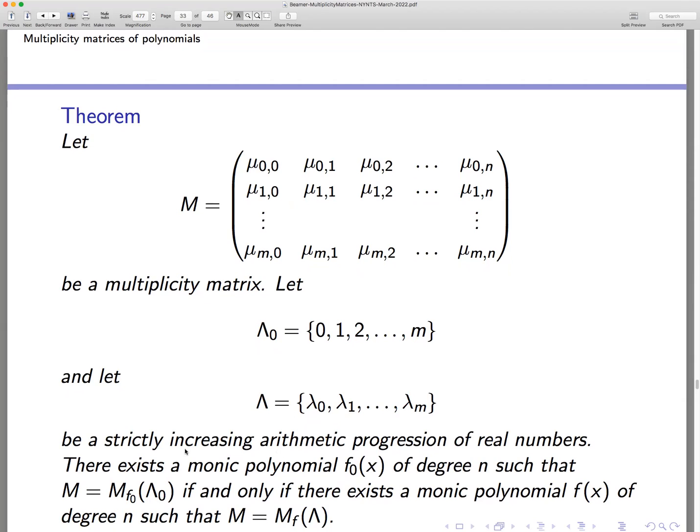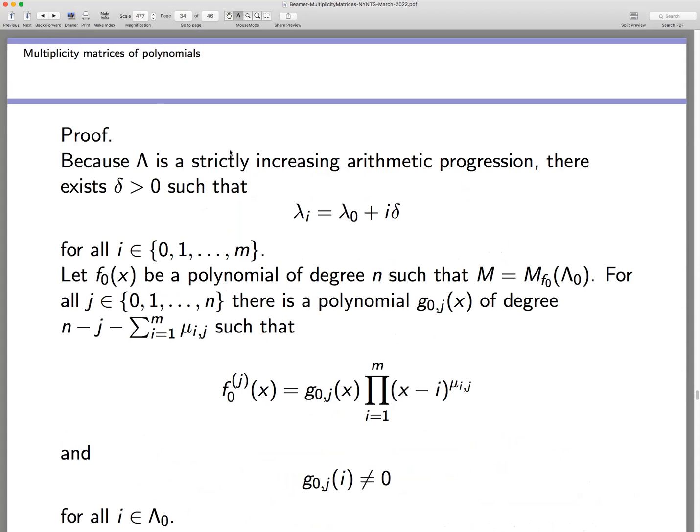So the statement is that there is a monic polynomial f0 of x of degree n, for which this is the multiplicity matrix with respect to 0 to m, if and only if there is some other monic polynomial for which this is the multiplicity matrix with respect to lambda. And the proof is straightforward.